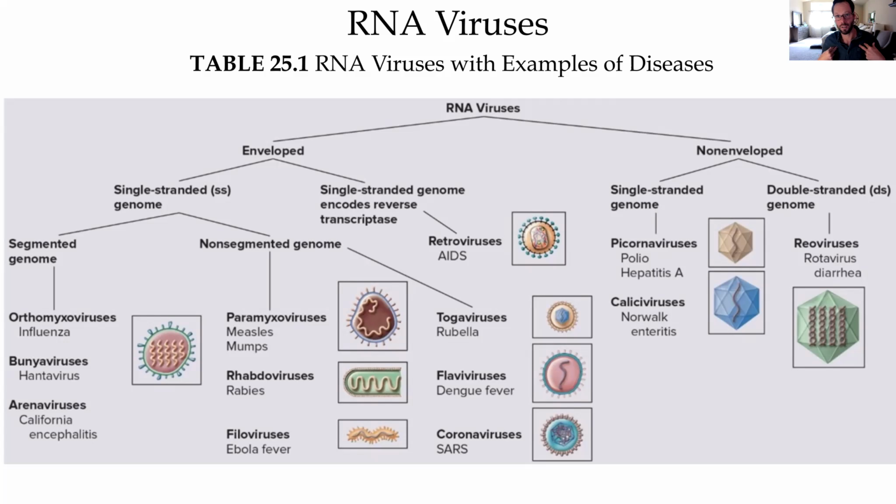Even our cells can mutate, but when you're transcribing DNA, the polymerase that is used for that has a proofreading mechanism on it that detects when the wrong nucleotide is put into that nascent strand, and it will then excise it out and correct it. RNA viruses don't have that. And so as a result, they can mutate with high frequency. And so you get all these different varieties.